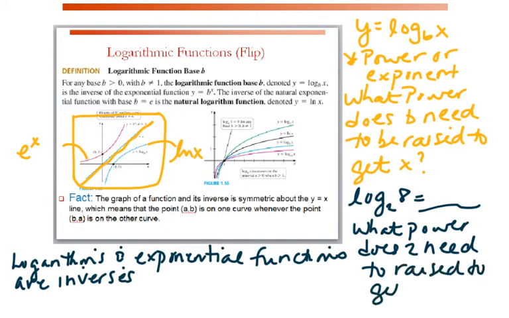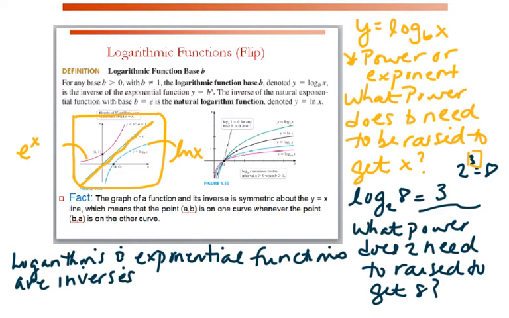And of course, the answer to that question is 3. So that is why logarithms are a power, because 2 to the third is equal to 8. So there's your power, right there, 3.